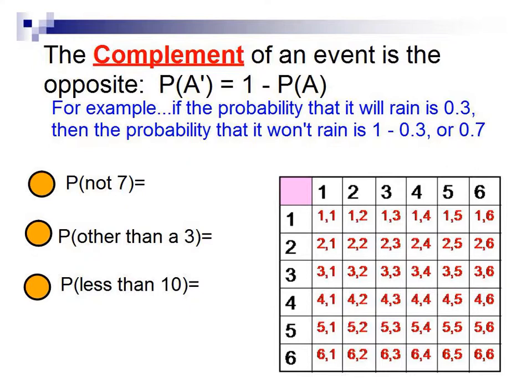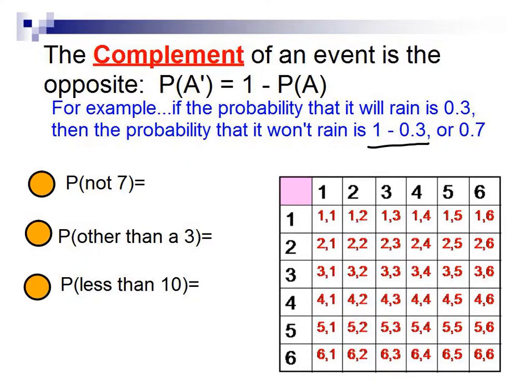So for example, if the probability that it's going to rain is a 0.3, then if you want to find the complement of that, the probability that it doesn't rain, you just do 1 minus 0.3, which is just 0.7. A lot of times we can do that in our head. Other times we'll have to type it in the calculator to see what it is. Depends on how pretty the numbers are.